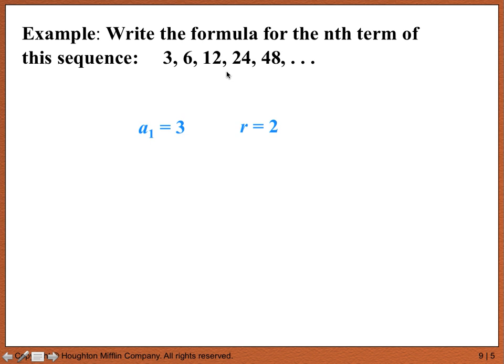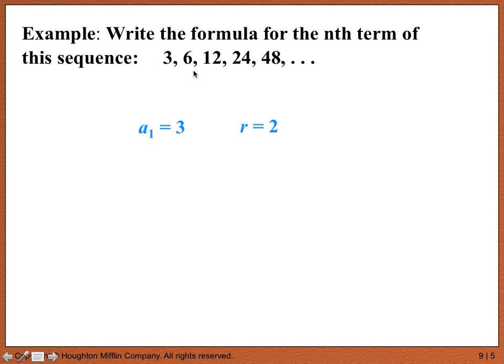All right, but let's suppose that I considered 6 as my first term and kind of forgot about the 3 for a second. Well, in that case, my previously fourth term is now my third, okay? Because it's 1, 2, 3, first, second, third.